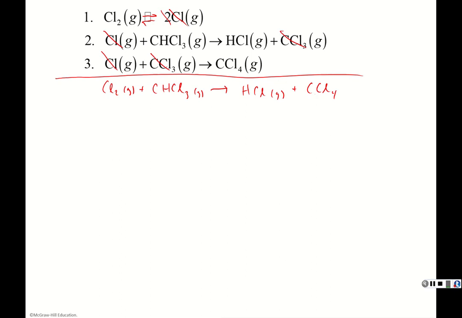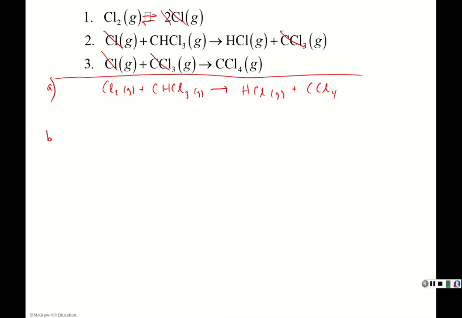Right, so if we had just that overall reaction, we'd have no idea of these steps, and we'd have no idea that there were these intermediates occurring, the Cl and the CCl3. We'd have no idea that those species are actually present. Okay, but they're intermediates because they form and then they get used up. Right, so that would be our overall reaction.